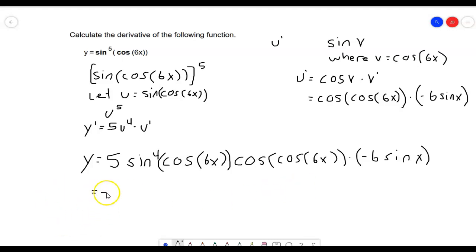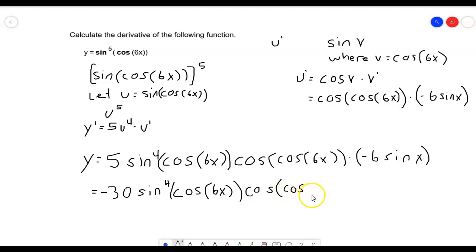That will be negative 30, 5 times negative 6, times the sine to the 4th of the cosine of 6x, times the cosine of the cosine of 6x, times the sine of x. And that should be it.